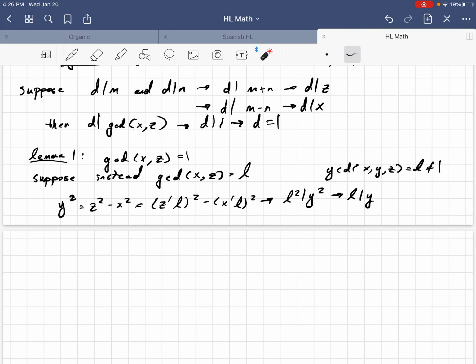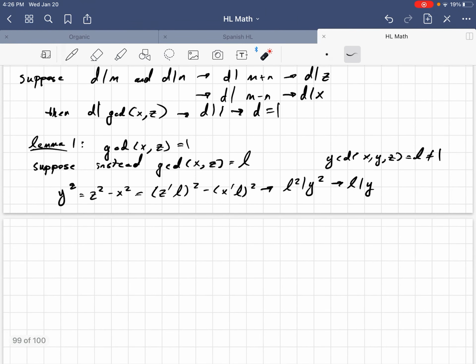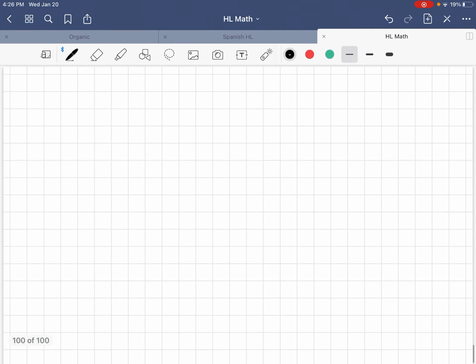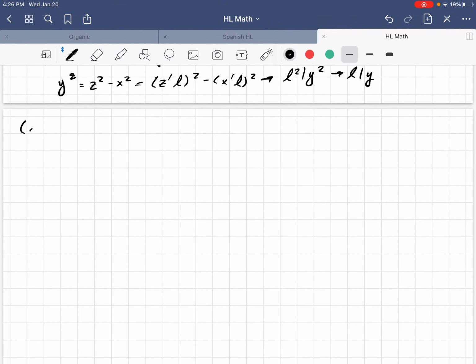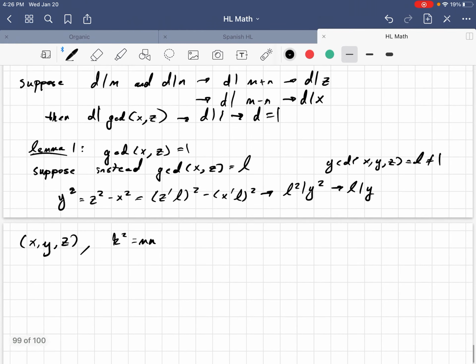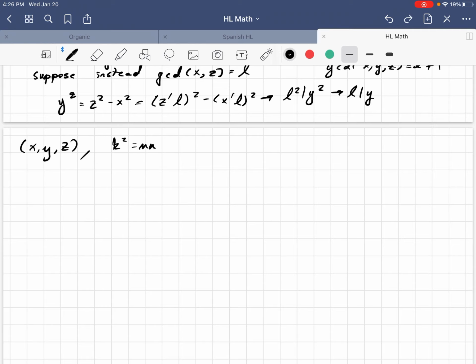So therefore the GCD of x and z does need to be equal to 1 for a primitive Pythagorean triple. Then another thing that is necessary to see is that if we've got x, y, and z as a primitive Pythagorean triple, and we have that k squared is equal to mn, which is basically what we reduced down to, this type of Diophantine equation.